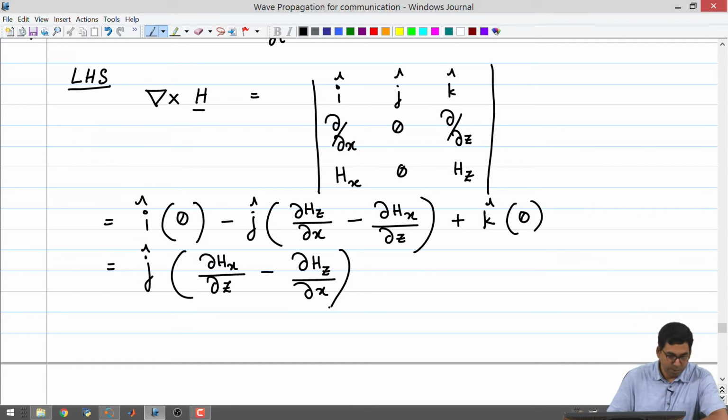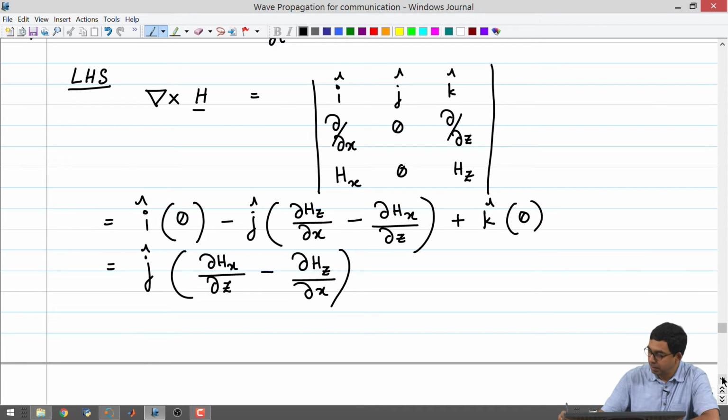Now I notice that with this configuration of Hx and Hz for a plane of propagation in the xz plane, del cross H has only a j vector component, which tells you the right hand side should have only a j vector component too. The right hand side is epsilon dou E by dou t, and E has only a y component, so that matches.